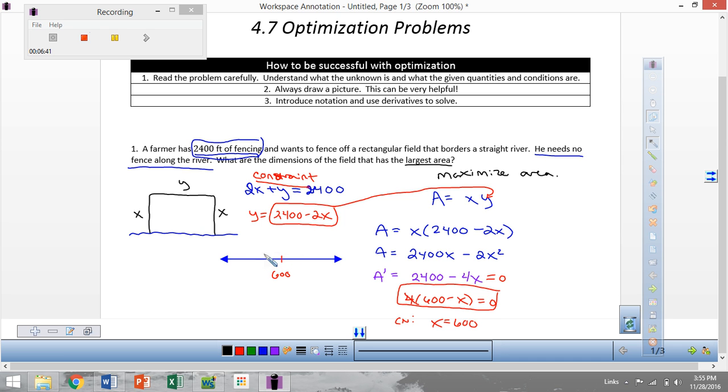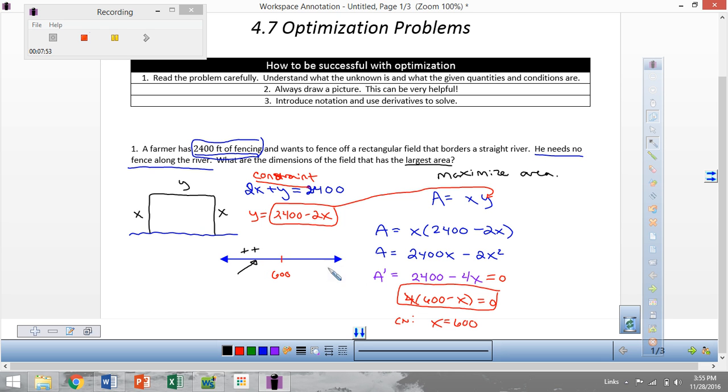Obviously you could plug in 599 and 601 into this, and that might be the way you want to go. But you could also plug in something like 1. As long as it's to the left of 600, it doesn't really matter. So let's say we plug in 599. We would have a positive 4 times 600 minus 599 would give me a positive 1, which means this would be an increasing quantity here because I'd have positive times positive.